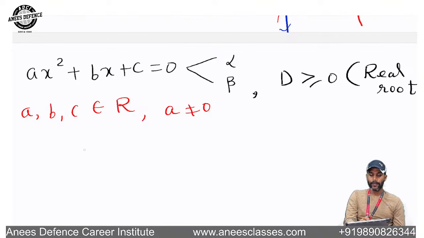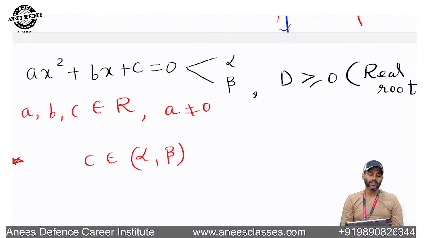First point, suppose c is a real number which lies between alpha and beta. Here alpha and beta both are real.